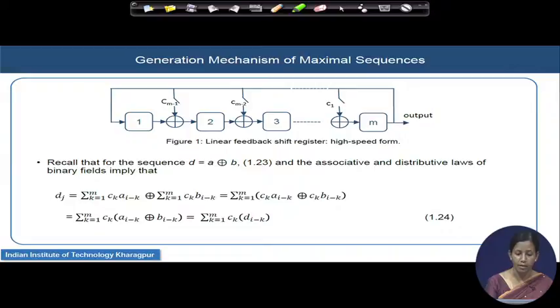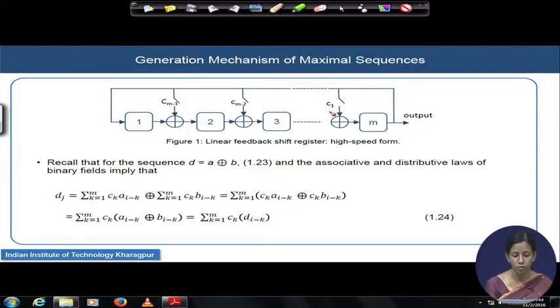Here I have corrected it already. The nomenclature of the switches should be C1 on the rightmost and Cm minus 1 on the leftmost. All the equations derived till equation number 1.23 in the last module follow the architecture given in this figure, that is, with the switch nomenclature of C1 on the rightmost and Cm minus 1 on the leftmost.